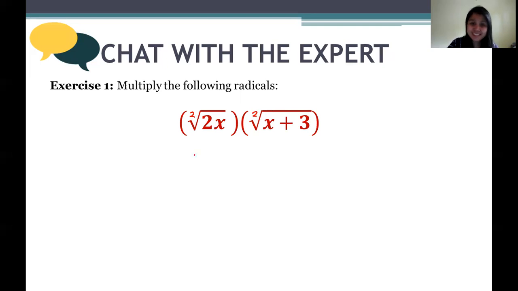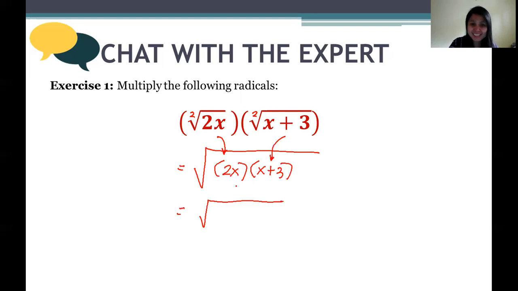Same index, so we can write them under one radical sign. So 2x, that's for the first one, and the second one is x plus 3. Let us multiply them, the radicands inside. 2x times x, that's 2x squared. 2x times 3, that's plus 6x.